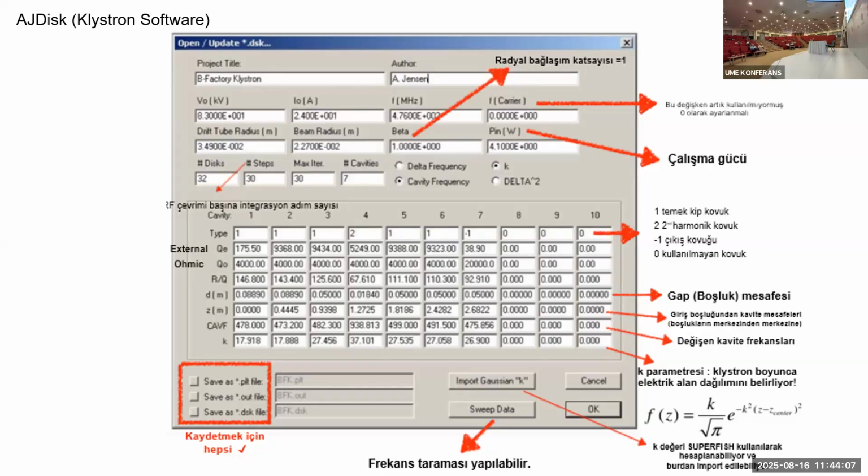If your cavity is fixed, of course fixed, then the frequency is changed, everything is changed. That's not great physics, it's engineering. Due to that, you have to collaborate with engineers.